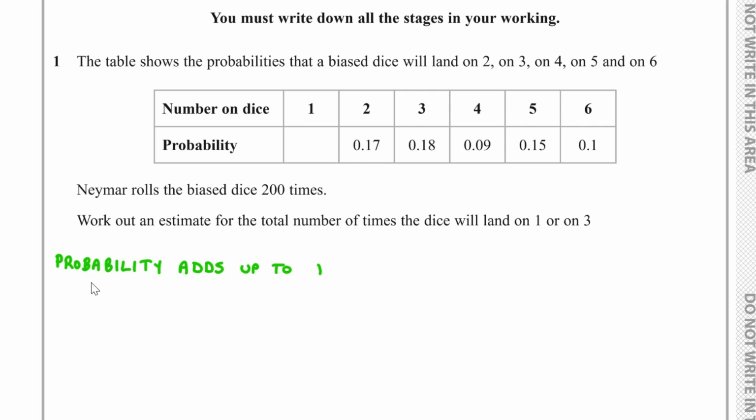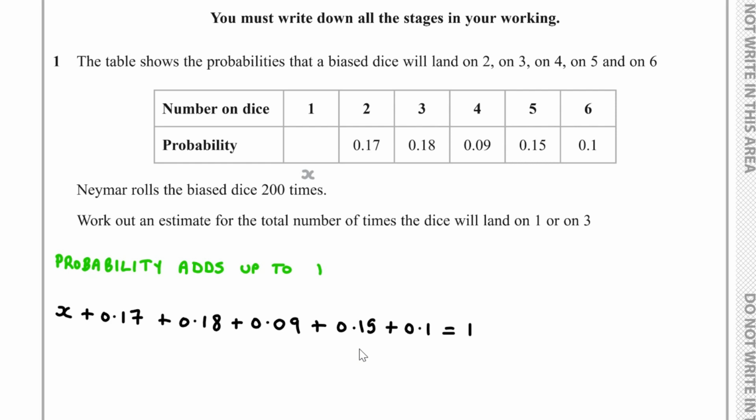Now, we know already that probability adds up to 1, and if we let x be the probability of landing on a 1, then we have x plus 0.17 plus 0.18 plus 0.09 plus 0.15 plus 0.1.